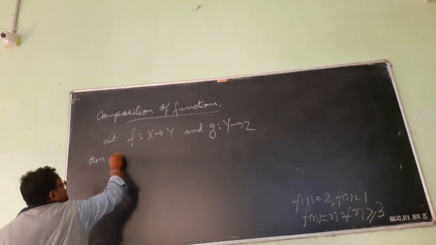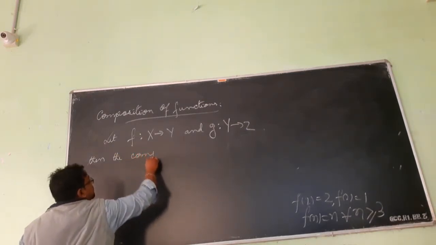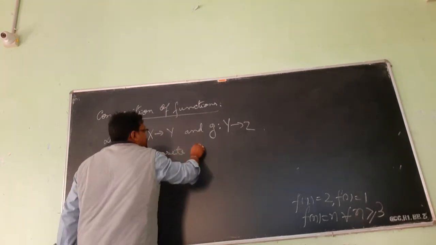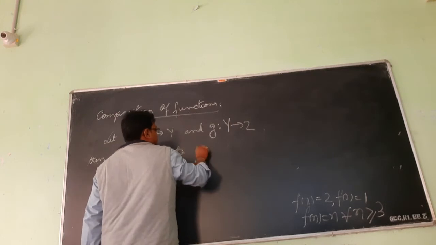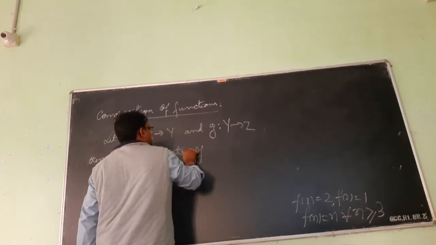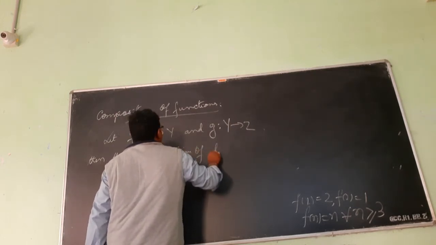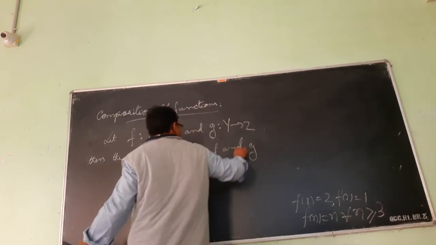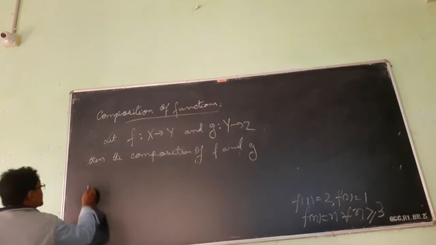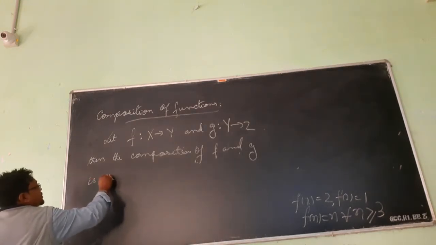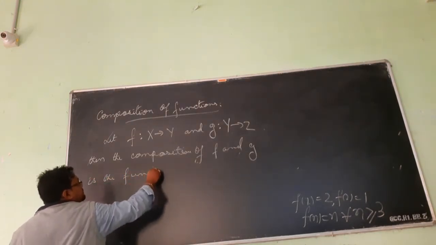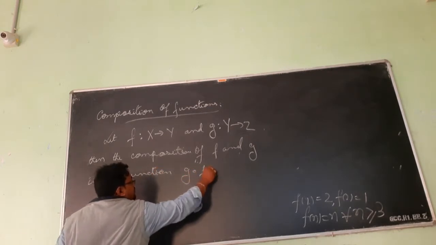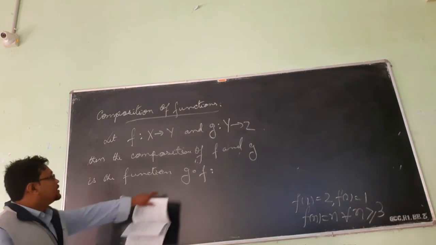Then the composite GOF, or the composition of f and g, is the function GOF. So this will be a function from where to where?